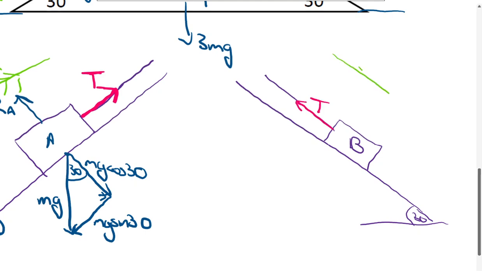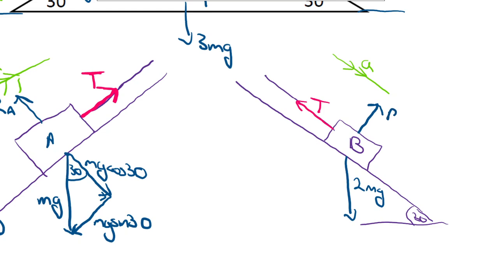We reckon the thing is going to accelerate downwards. Again, if we get it wrong, we'll get a negative for a, which means we just got the direction opposite, which is cool. And then we have gravity, 2mg, because remember the mass of B was 2m. Then again, to decompose this, oh, actually before we decompose, let's get the reaction of B.